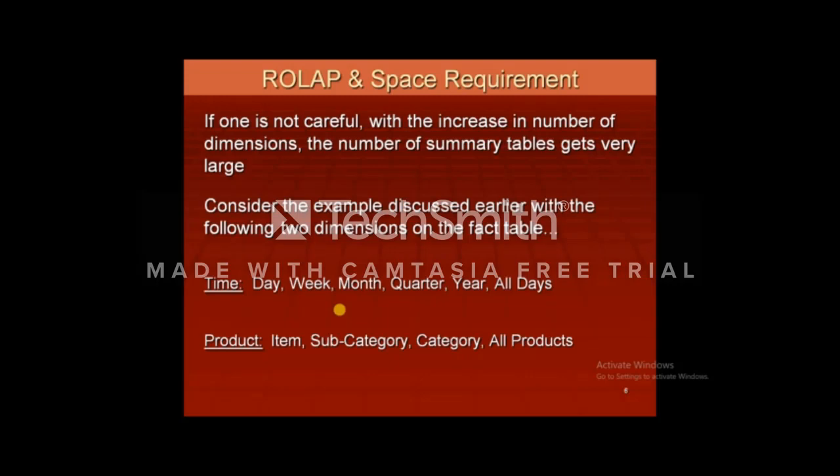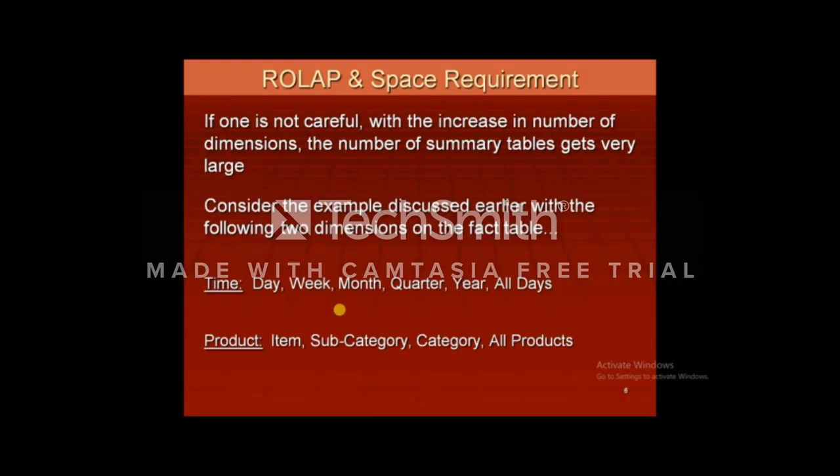And we have to store those 24 summary tables on our hard drive. Now the point here is that if we have these 2 dimensions, one with 6 hierarchies and the product dimension with 4 hierarchies, we will have 24 summary tables. Let's say we include another dimension which is geography, and it has, let's say, 5 hierarchies.